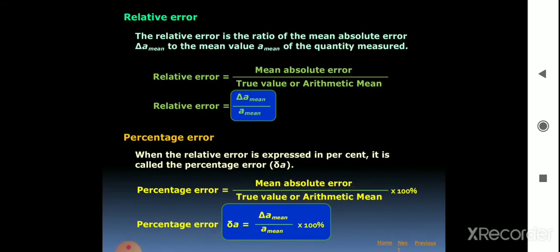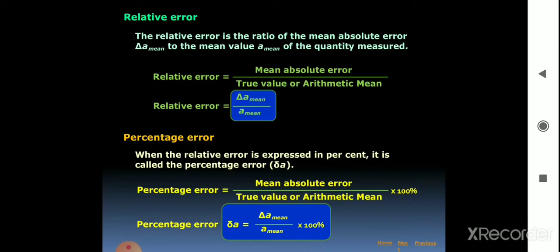Now let us see the second one, relative error. The relative error is the ratio of the mean absolute error, represented by delta A mean, to the mean value, represented as A mean, of the quantity measured.